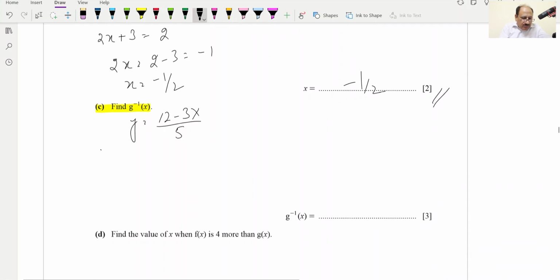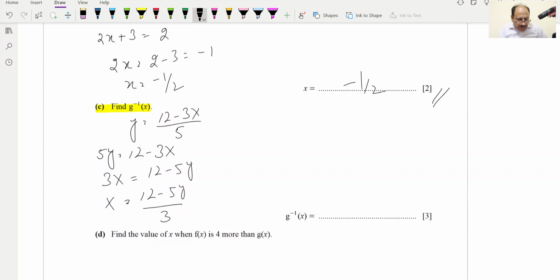So we can cross multiply: 5y is equal to 12 minus 3x, and we have to make x the subject, so 3x will be equal to 12 minus 5y, and x will be equal to (12 minus 5y) divided by 3.